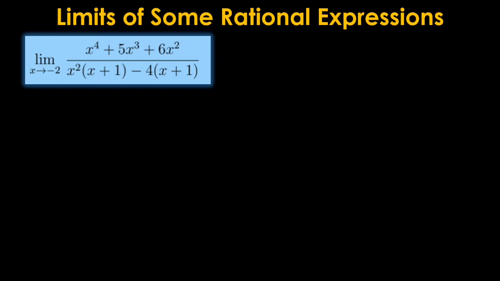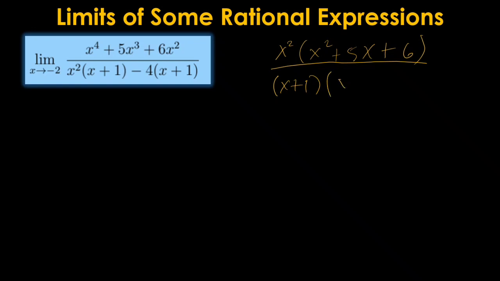by factoring. So let's factor our numerator here. The common factor of our numerator is x squared. It's going to be x squared times x squared plus 5x plus 6. For our denominator, the common factor is x plus 1, and we will be left with x squared in this term, and minus 4.